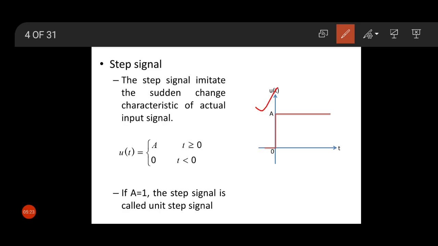Okay, so this is called the unit step signal. So this amplitude 1 at t greater than or equal to 0. At t greater than or equal to 0, it will give an amplitude. But if we consider below t equal to 0, then we are not going to get anything. Okay.